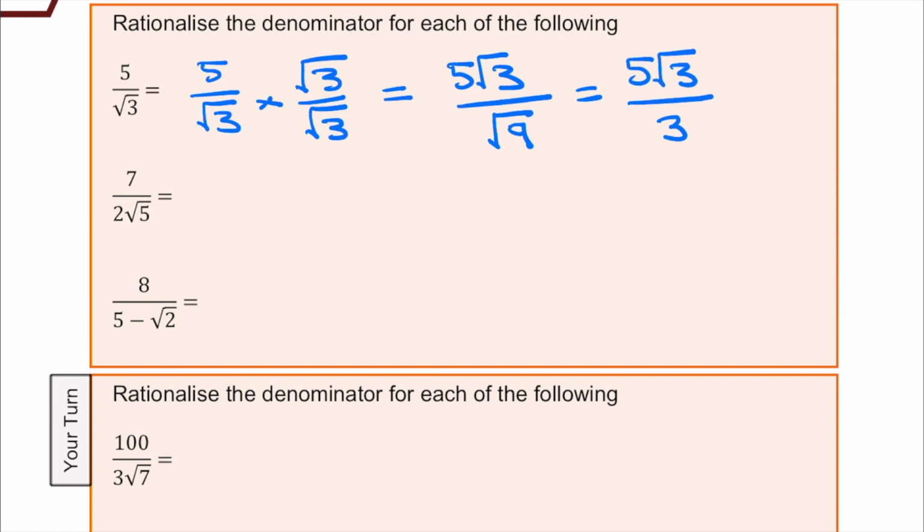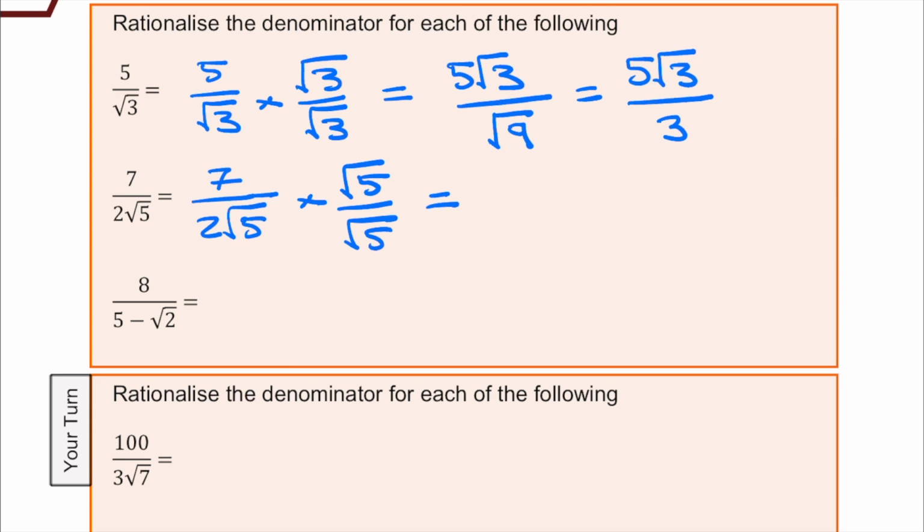Same idea on the next one. We are going to take our fraction and we're going to try and rationalise the denominator. A couple ways you can do it actually. You could times top and bottom by 2 root 5, so just by the whole denominator, but actually you can just times it by the surd that you have in the denominator, so just the root 5. And again, it's like timesing it by 1. We've got root 5 over root 5, that is 1, so we're not changing the size of the original fraction.